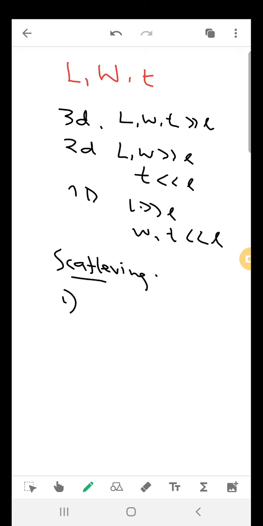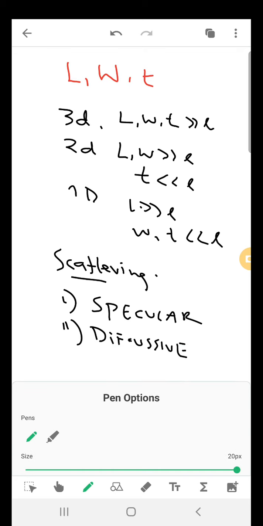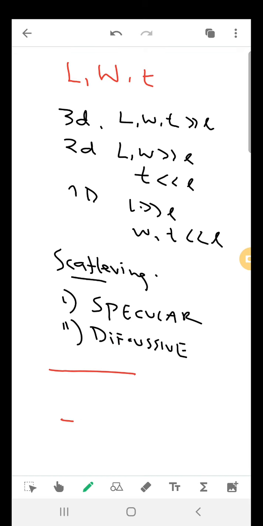One is called specular scattering, and another one is called diffusive scattering. The difference between these two is that specular scattering only takes place at the boundaries. So it will be like this.